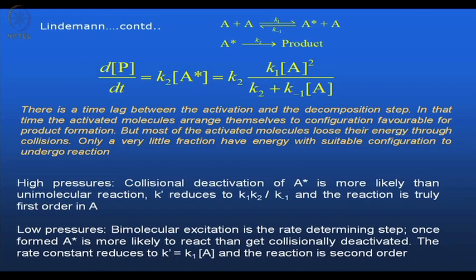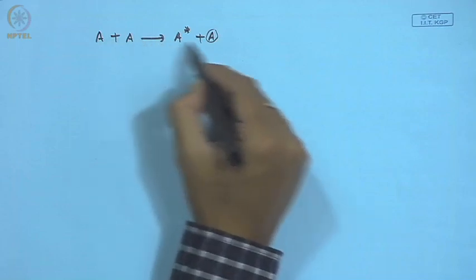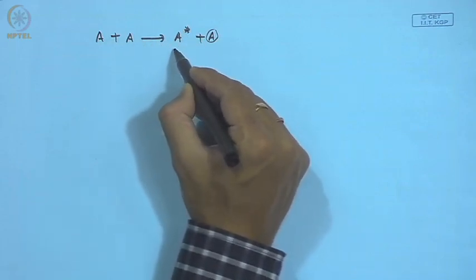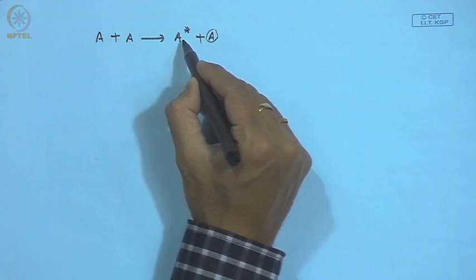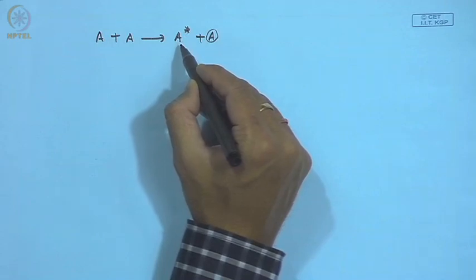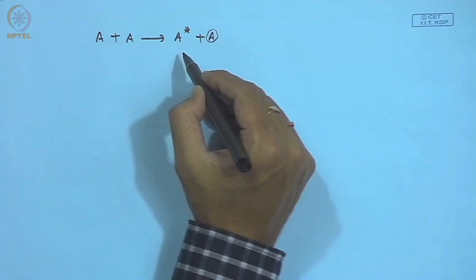So, say 100 A star molecules are produced as a result of collision, of which a major fraction gets deactivated, but maybe a little fraction, maybe 10 to 15% of the total population, remains and gives rise to products.